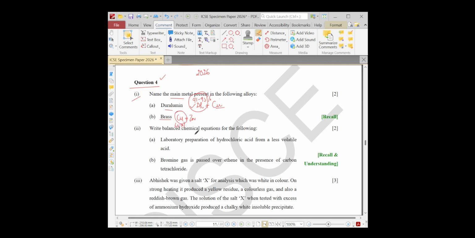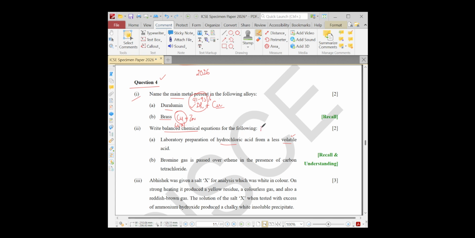Now next we move on to the question, give a balanced chemical equation. Now here you have to give a balanced equation. It says you have to prepare hydrochloric acid using a less volatile acid. Now which two acids are less volatile? Sulfuric acid and nitric acid. So what we prefer? Sulfuric acid. So we are going to take sulfuric acid, and to prepare hydrochloric acid we need to take a chloride salt.